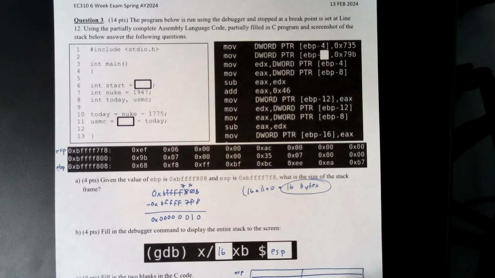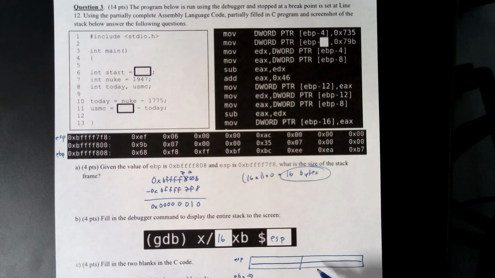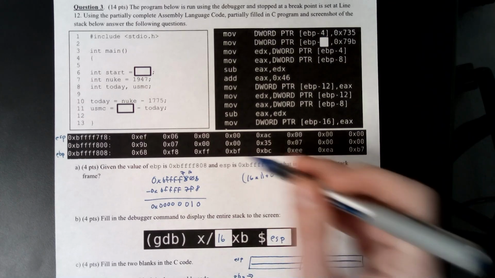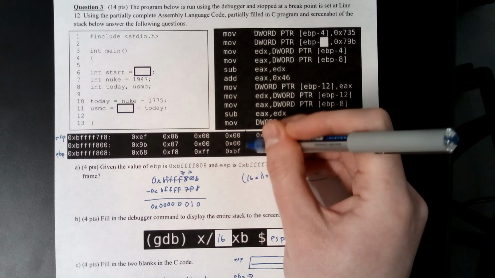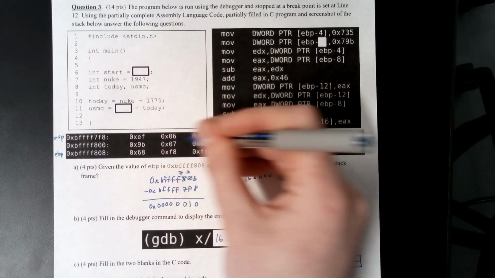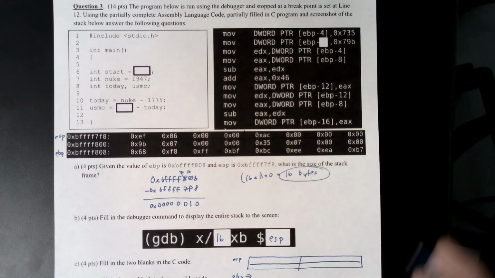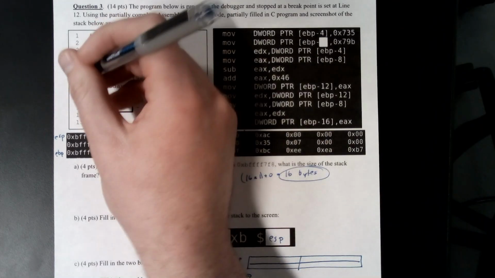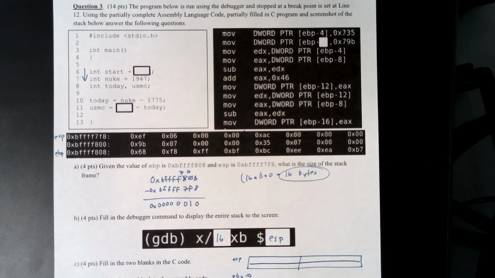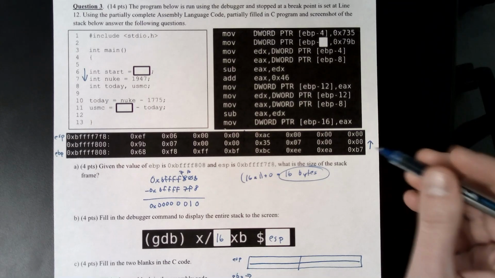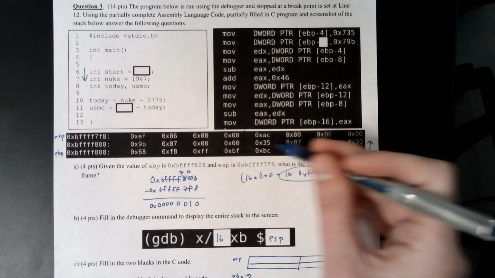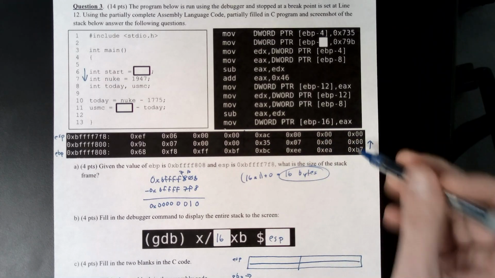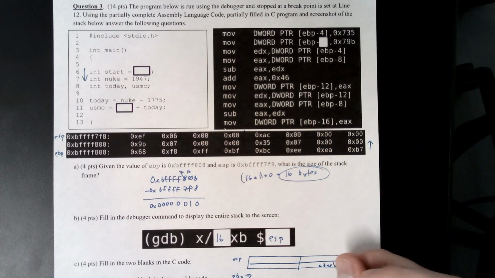So I'm just dividing up the bytes in memory into roughly like if we put these lines there and here. So start is the first thing on our stack because we read our variables top down and we build the stack bottom up. So the first byte that's not garbage is here. So that would be our variable start.